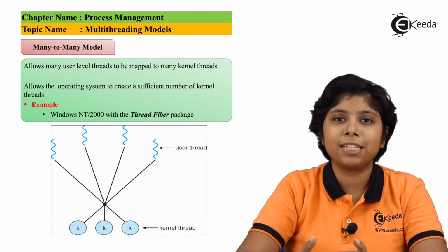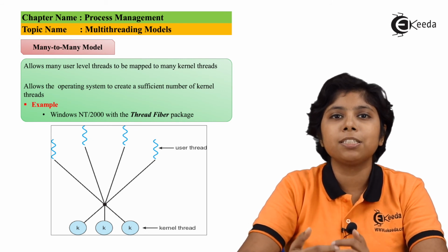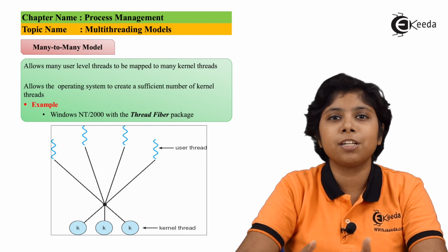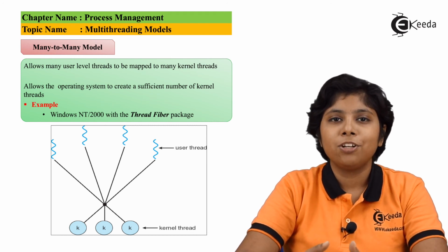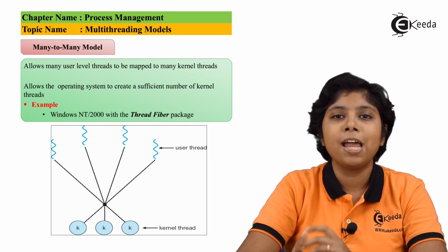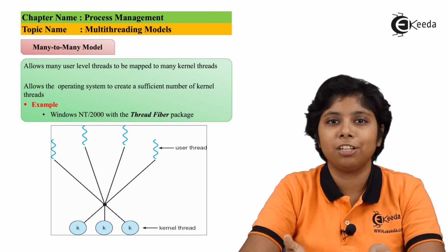Nowadays, Solaris 10 and other advanced versions of Solaris include this many-to-many two-level model, and previously used the one-to-one model. So in these three ways, the models help build the relationship between the user-level threads and the kernel-level threads.